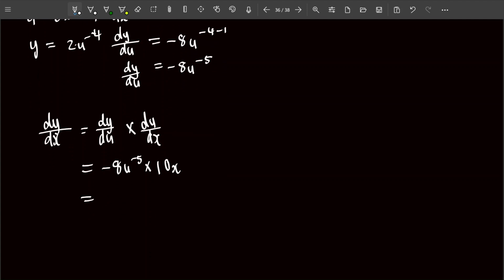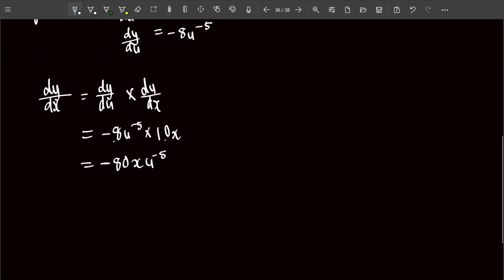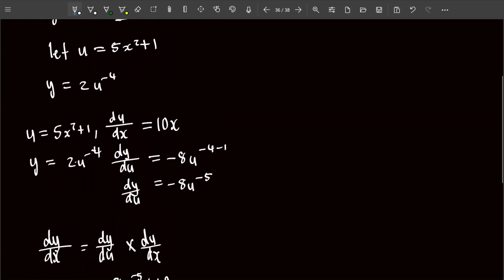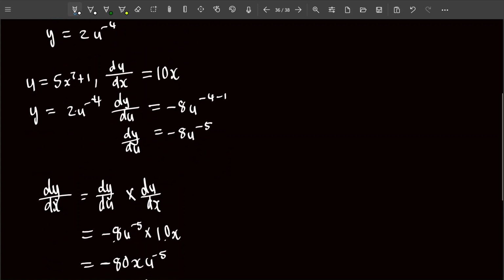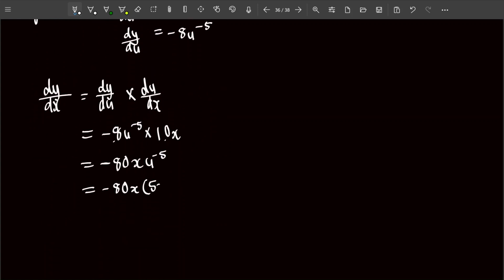So you multiply the numbers, 10 by negative 8, the signs are different, your answer is negative 80, and then it's 80x, then u to the negative 5. This x just comes, right? So it is equal to negative 80x multiplying u to the negative 5. What is u? You said let u be 5x squared plus 1. So it will be multiplying 5x squared plus 1, and it is now to the negative 5. You are done.